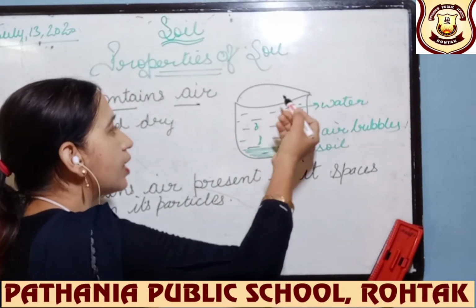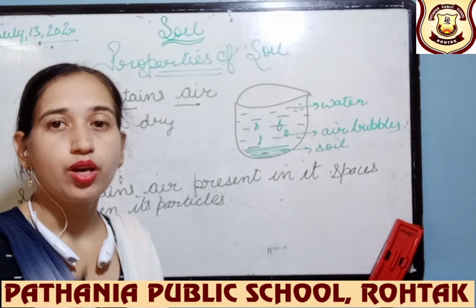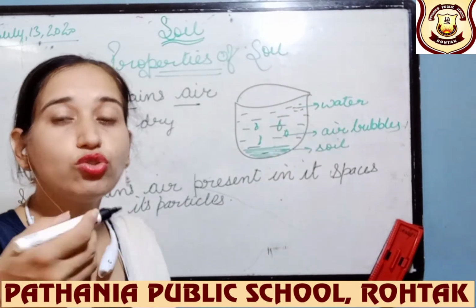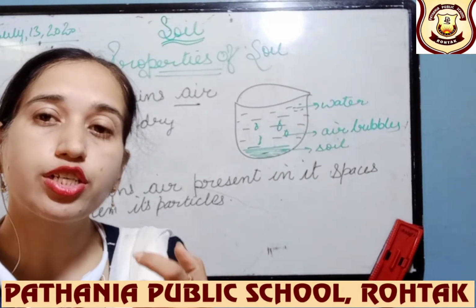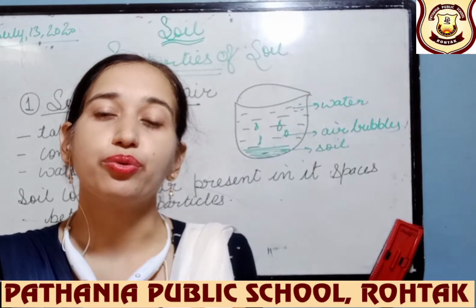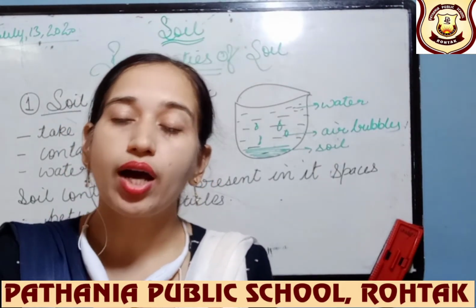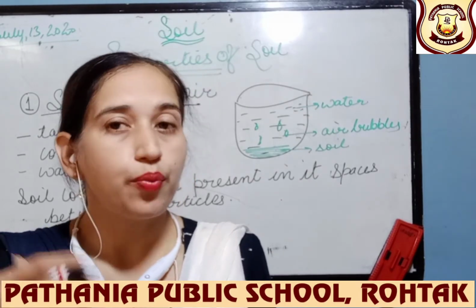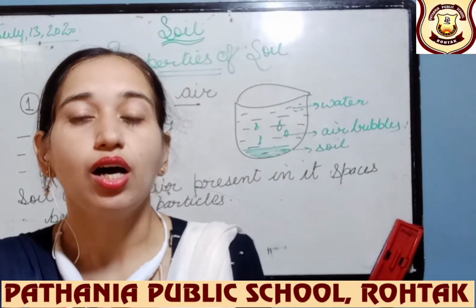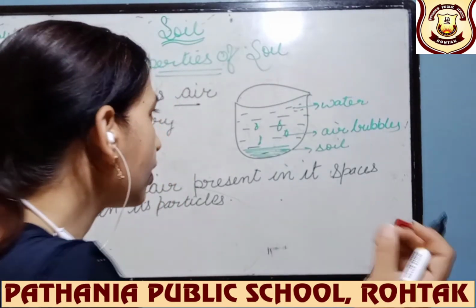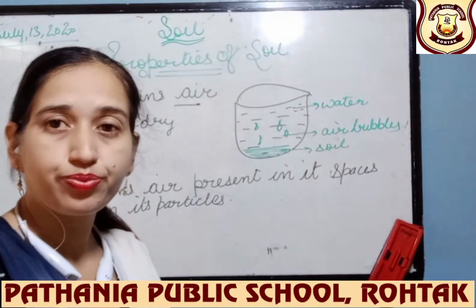The bubbles will come out. Why will the bubbles come out? Because the air space between these particles, which contain air molecules, will be expelled and the water will take the place of these bubbles. And when the water takes place, these bubbles definitely will come out.